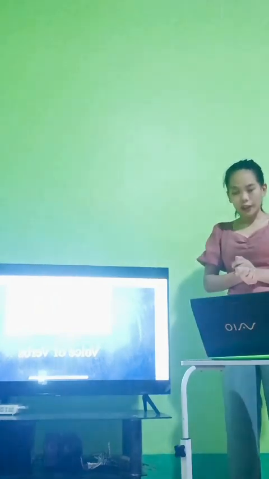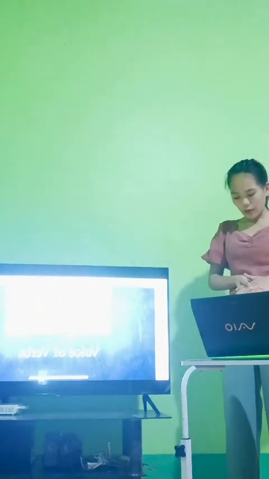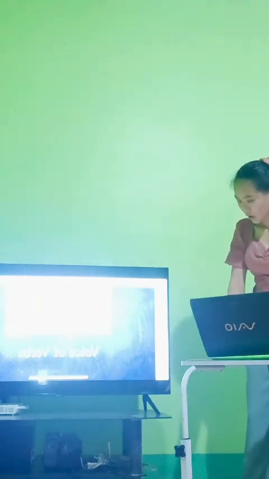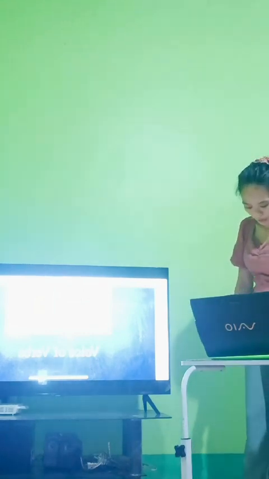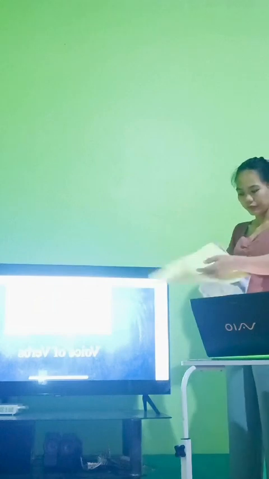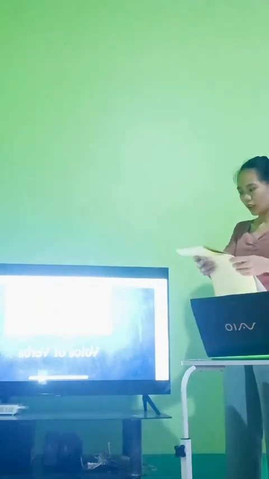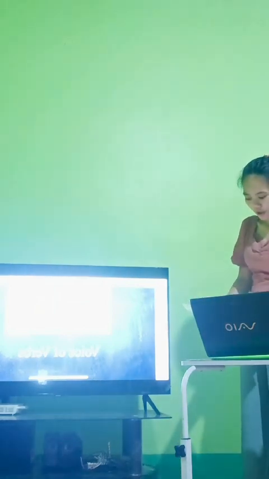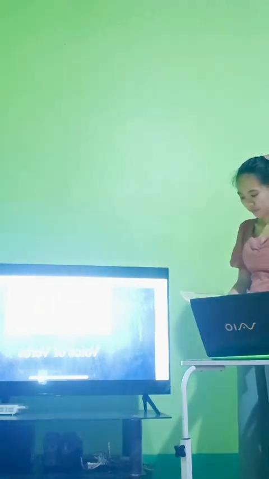Before we start our discussion for this morning, who can recall what was our last topic? Okay, very good. Our last topic was about action words. So, our topic for today is about active and passive voice. Active and passive voice are two special forms of verb.